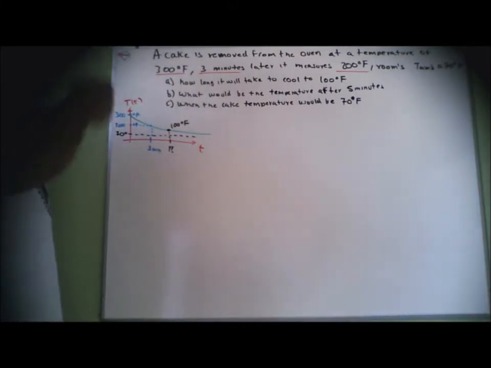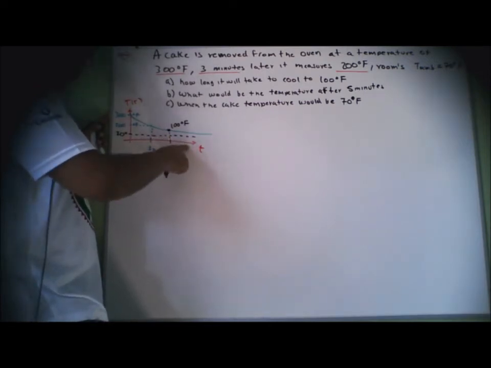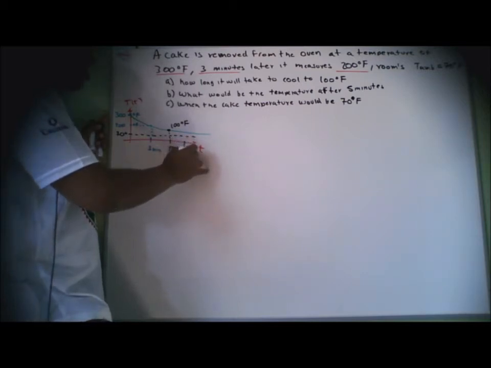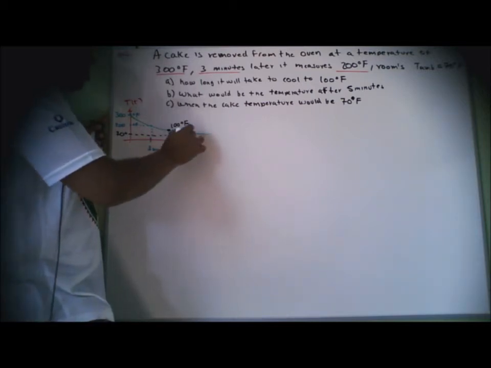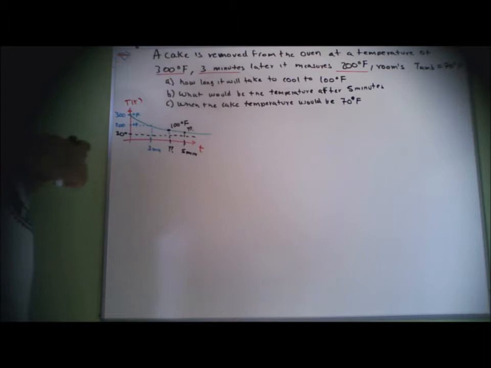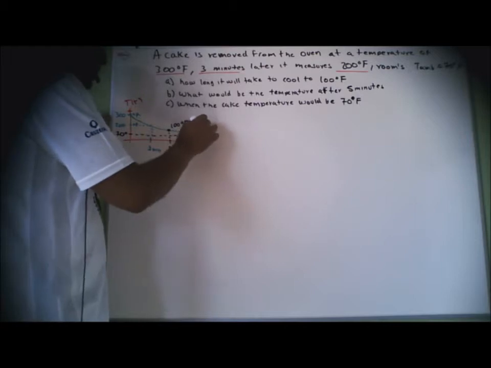Also, they are asking what will be the temperature after 5 minutes. So it could be somewhere here or somewhere there. But they are giving us the time, 5 minutes, and they want to have what will be the temperature after 5 minutes. So again, this is inciso A, and this is inciso B.